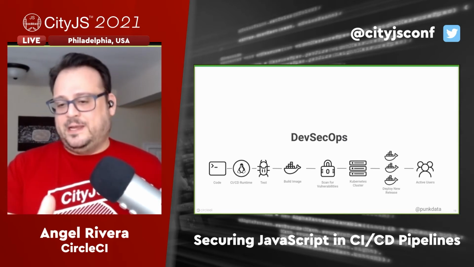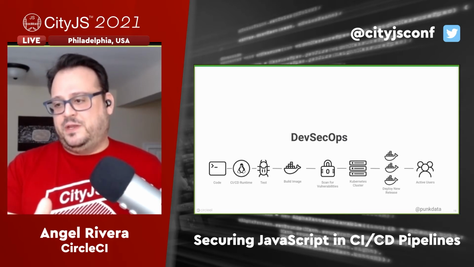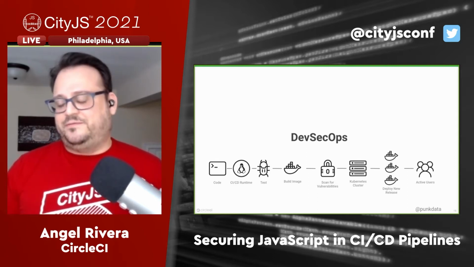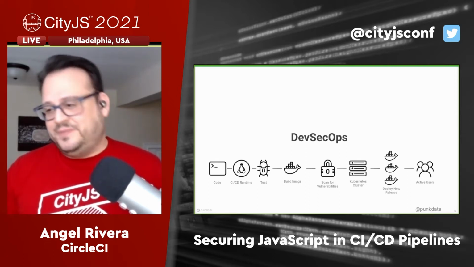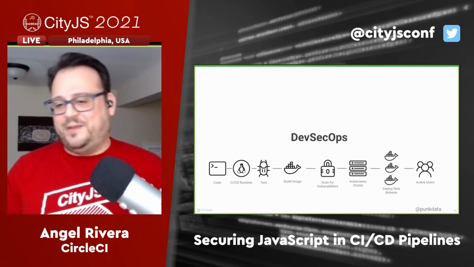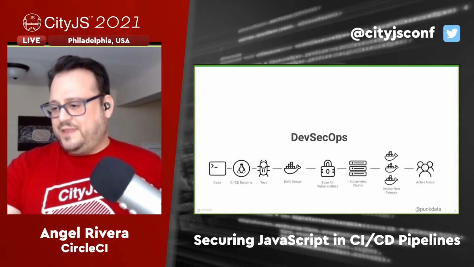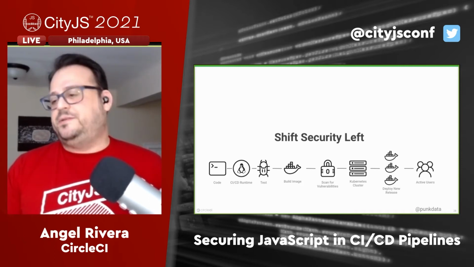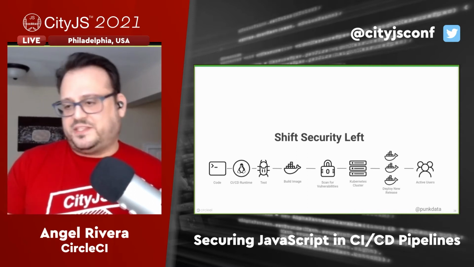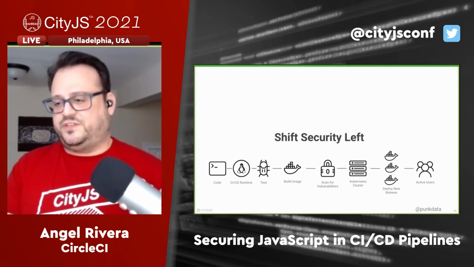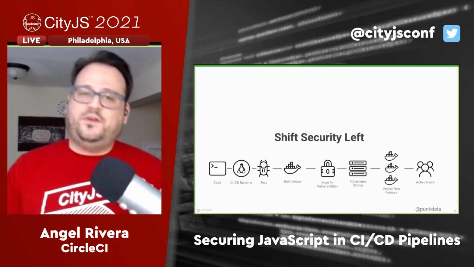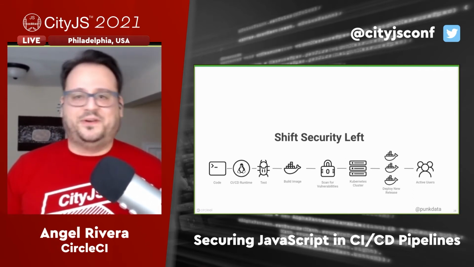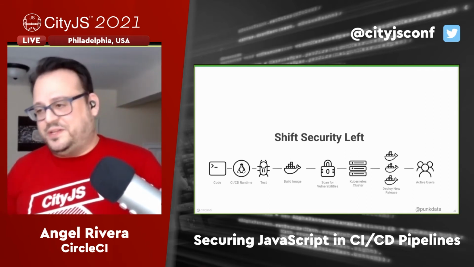If you take a snapshot of the automation maybe in the year 2000, Y2K, you had this kind of pipeline. And if you notice here, we have this concept of shifting security left. I don't know if you've heard that term thrown around, or if you don't understand it.